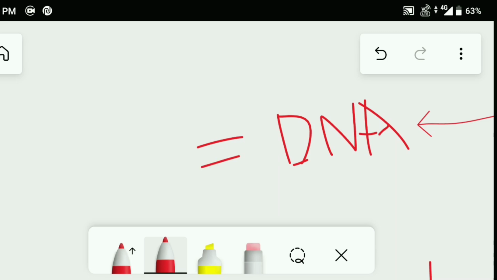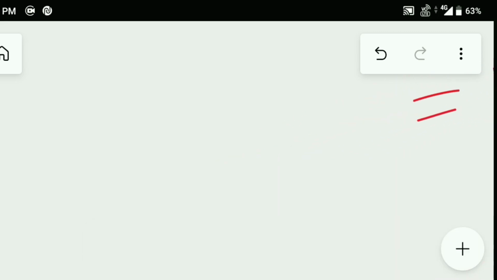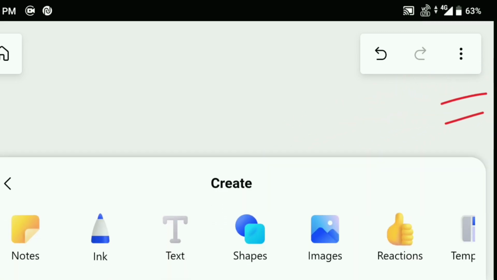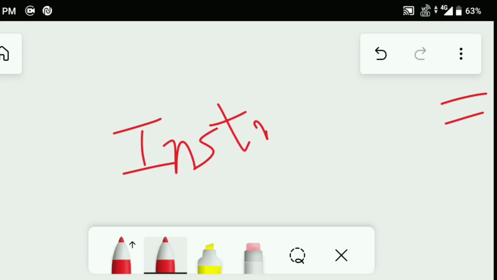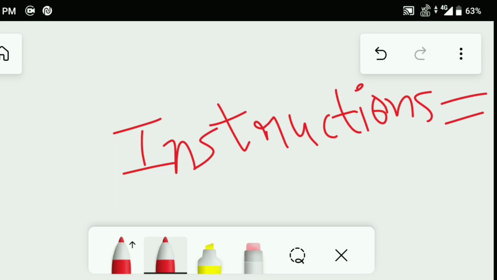DNA is equal to instructions of the cell.